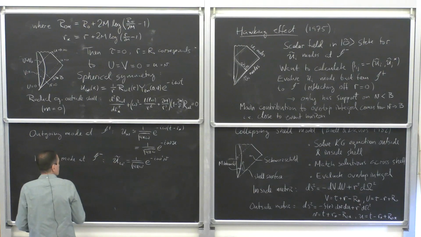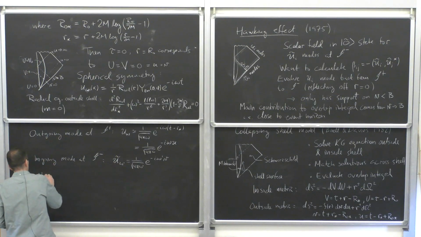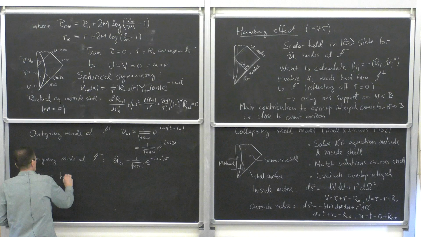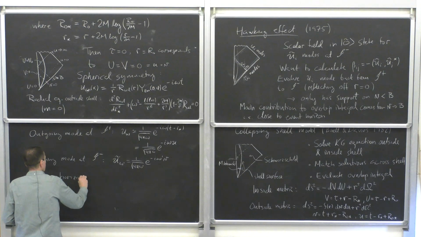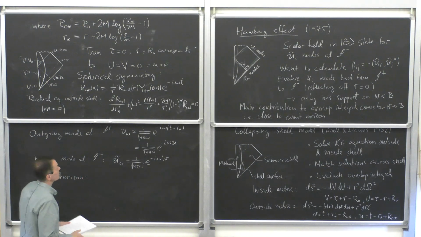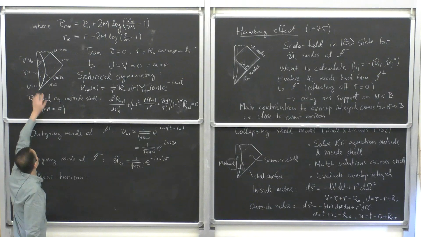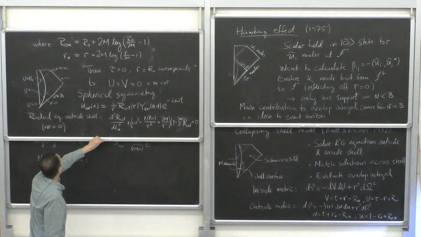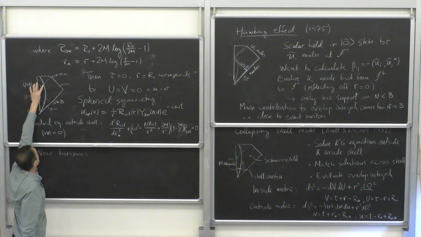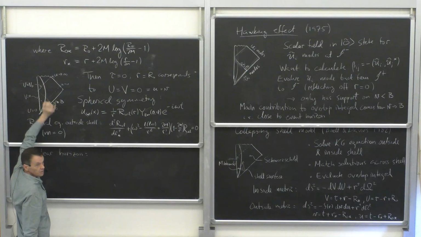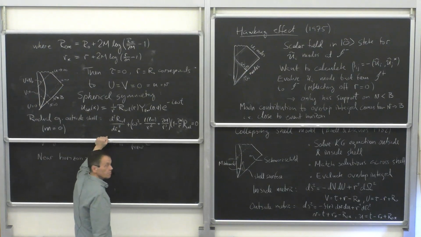And now I need to ask what happens near the horizon. Okay, now I have to do my patching through the shell, and I'm particularly interested in the patching that occurs here very close to the horizon, right? That's going to be where most of my effect comes from.